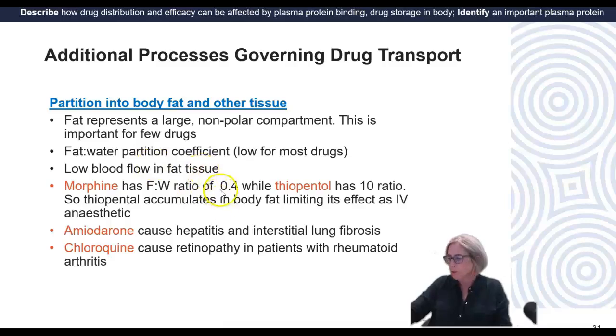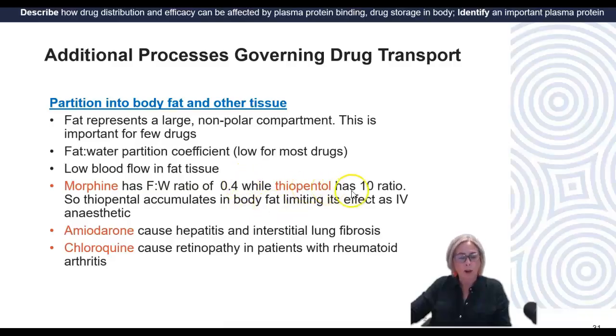And I think explaining all of this with an example is the easiest way to do it. Morphine is a drug that has a very low partition coefficient, a fat to water ratio of 0.4. What does that mean? It means that most of the drug is actually remaining in the blood plasma and not much of it is accumulating in fat tissue.